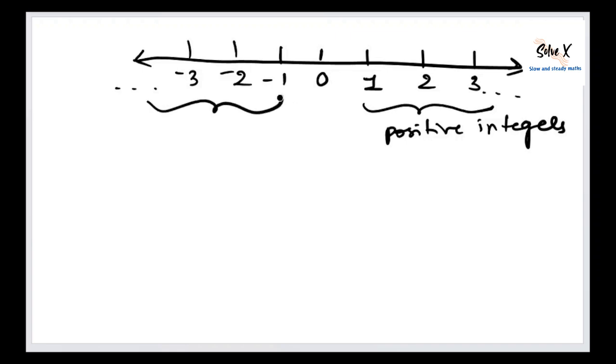All the numbers below 0 are negative integers. Okay, so this is clear. So we now know what natural numbers, whole numbers and integers are. Integers are usually represented by the symbol Z.